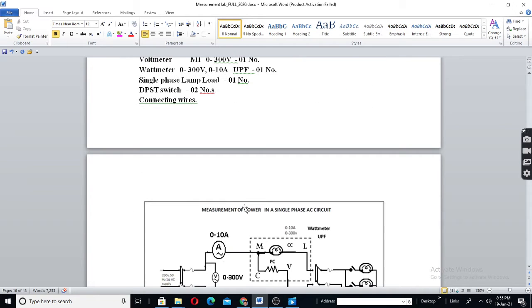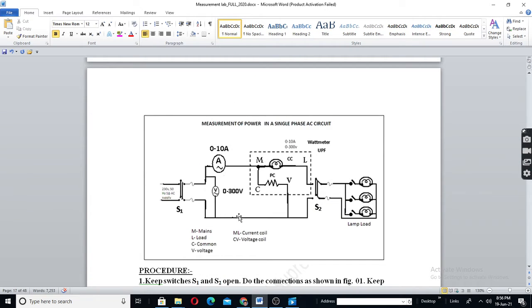So this is a single phase electric circuit: supply, load, and meters. The ammeter is connected in series with the load, and the voltmeter is connected in parallel with the load or supply.